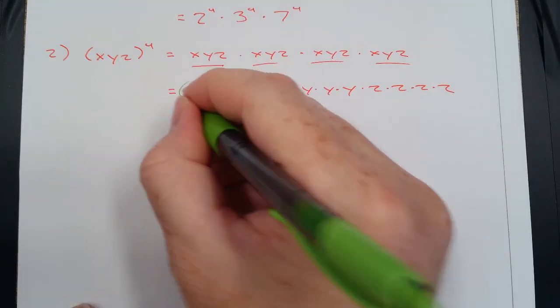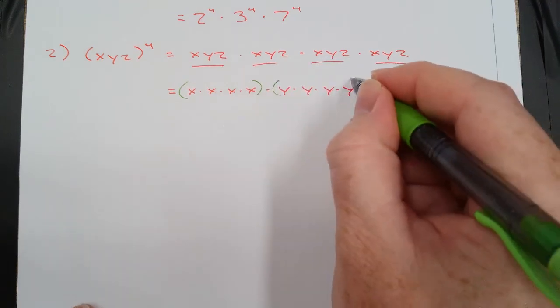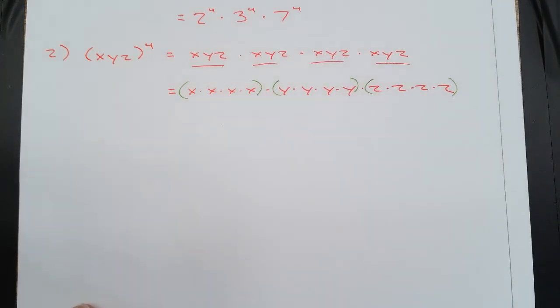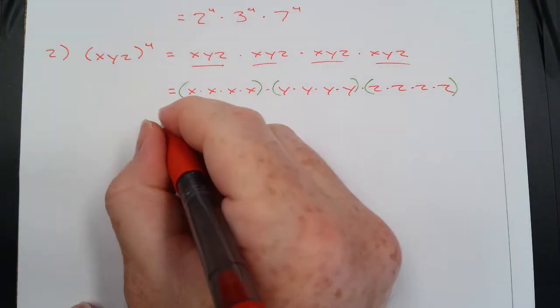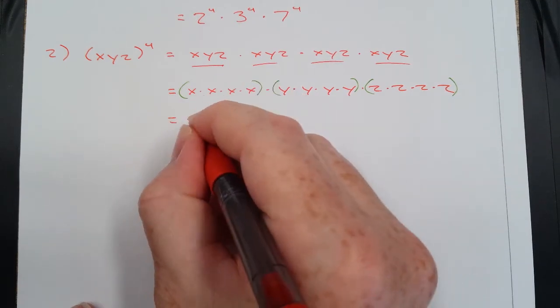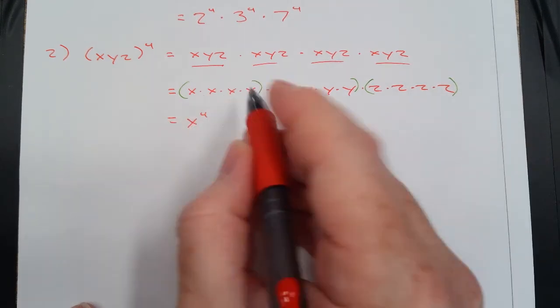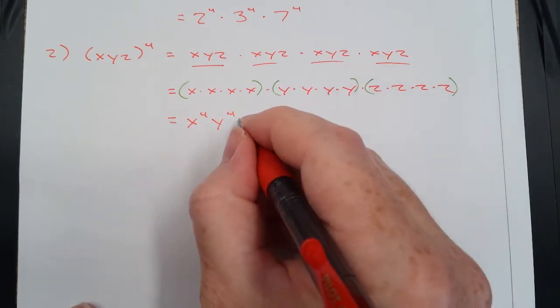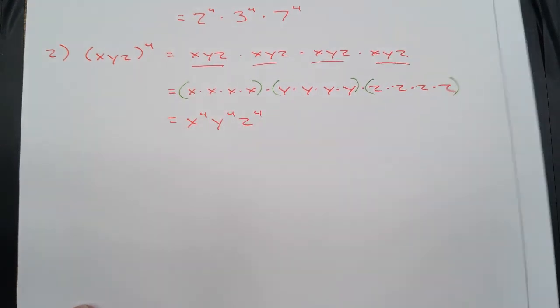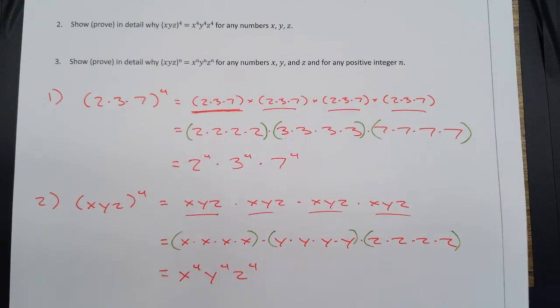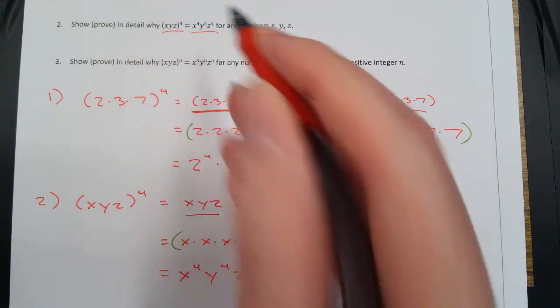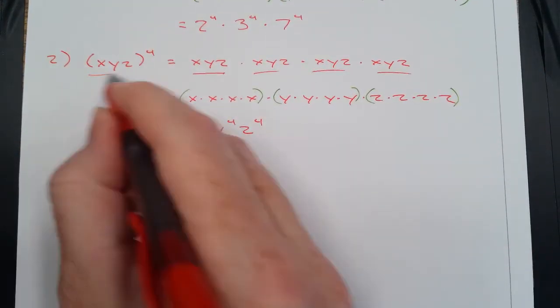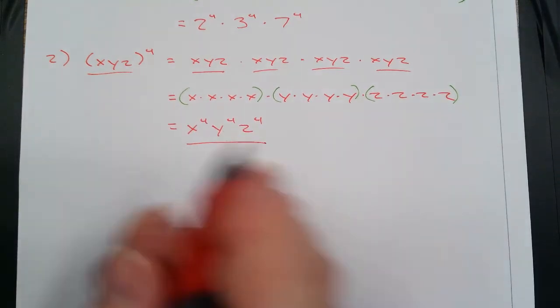Then let me use my associative property to make groups where I want to. And then you should see that this is x 4 times, and y 4 times, and z 4 times. And that's what I just proved. This equals this. This equals this.